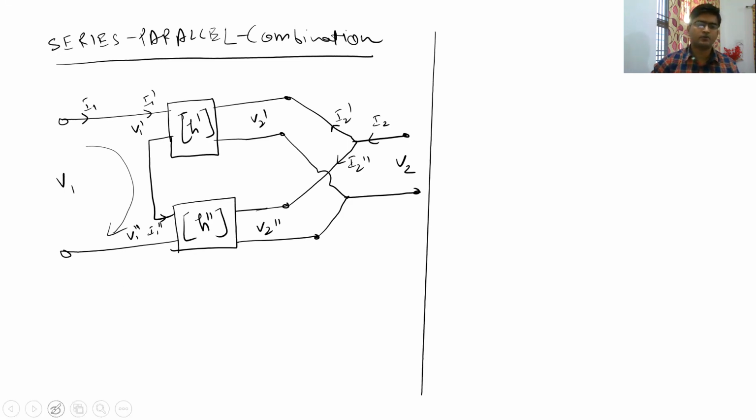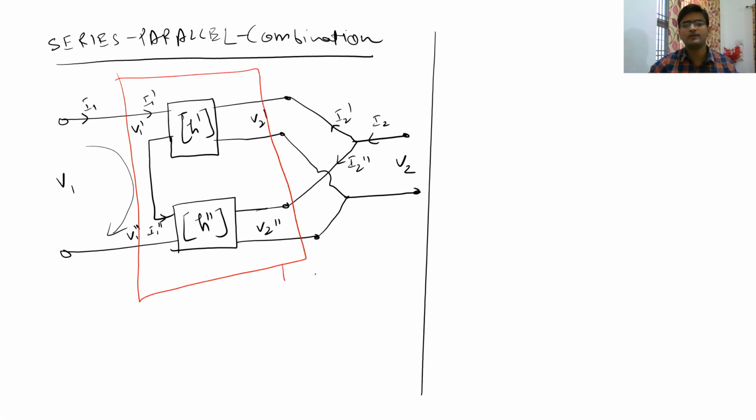And if you want to calculate the combination of this circuit, the whole combination as a single two-port network, let me call it the H parameter. Using the simple common sense we discussed previously, in the input side, if we calculate the KVL like V1 is equal to V1 dash plus V1 double dash and put all these two hybrid parameter values, we will get our H11, H12.